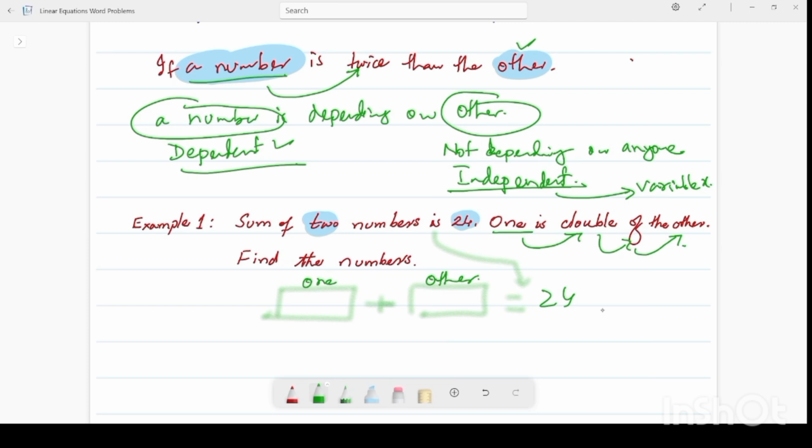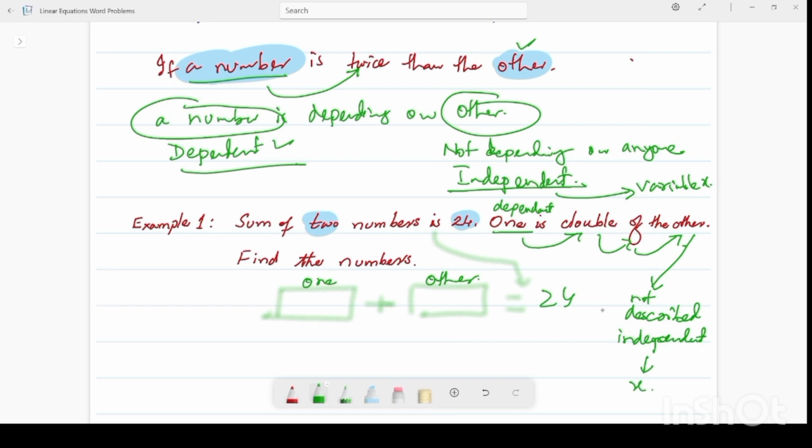That's why we'll say this one is dependent. But the other is not described at all. Whenever a number is not described, it is called independent. So whenever it is independent, we'll consider it as a variable x.